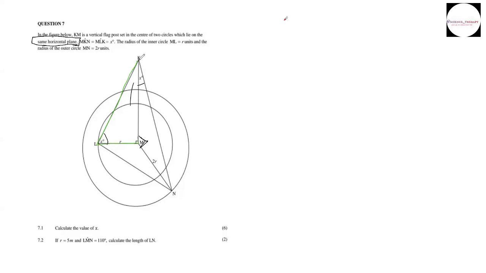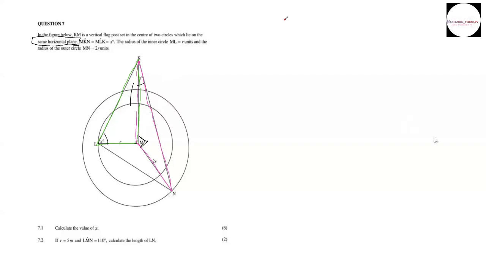KLM, this is triangle number 1 of interest. And then number 2, we have KMN. So these are the two triangles that we are interested in. And now you can see that our common side there is KM. So we will try to express in terms of KM in both these triangles, right?